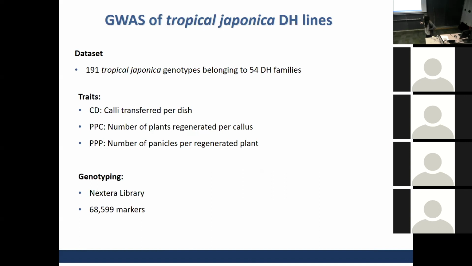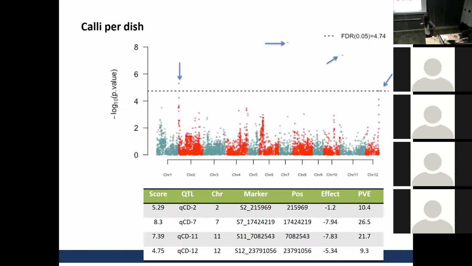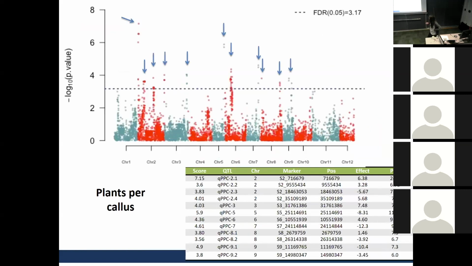The genotyping was done using an external library, and we had a total of about 69,000 markers. I don't know why it looks so bad, but these are the results for our GWAS for callus induction. Here we could identify 4 QTLs distributed along chromosomes 2, 7, 11, and 12. Then for plants per callus, we could find a lot more QTLs, a total of 12.